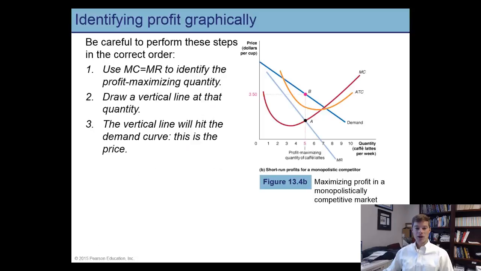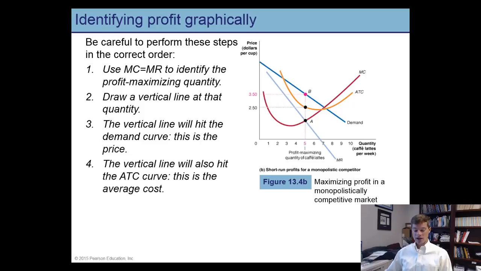So to summarize this again, the firm will first identify the profit maximizing quantity by finding where marginal cost equals marginal revenue. The firm will identify the profit maximizing price by going up to the demand curve and identifying the price at which consumers demand the profit maximizing quantity.